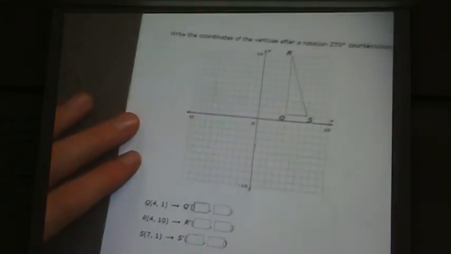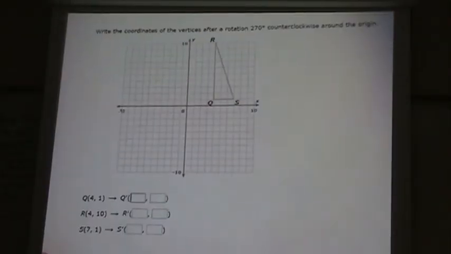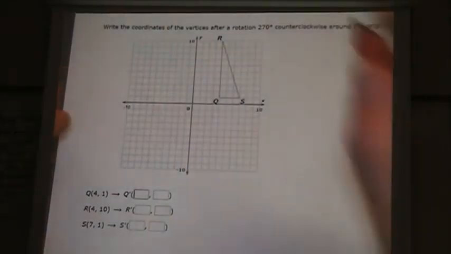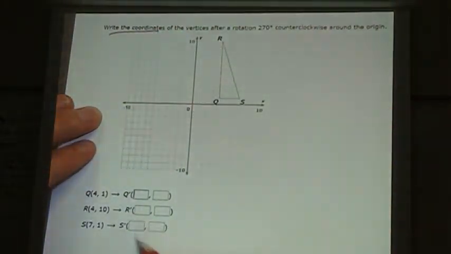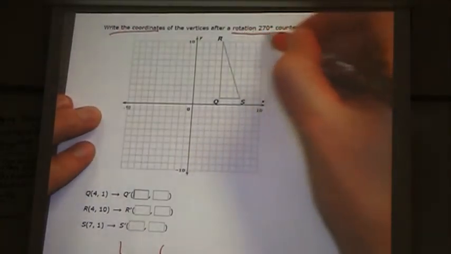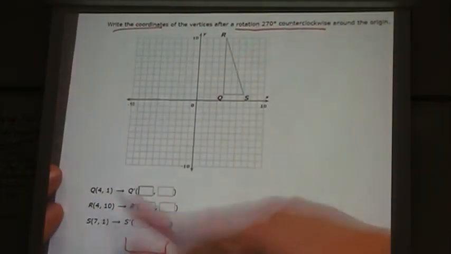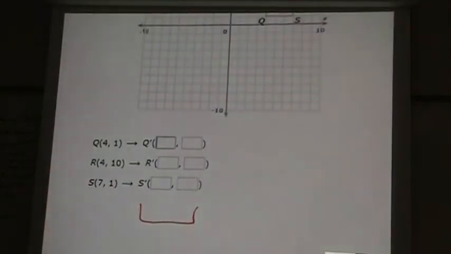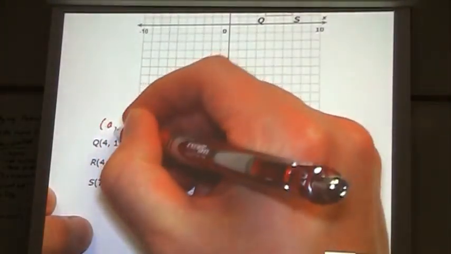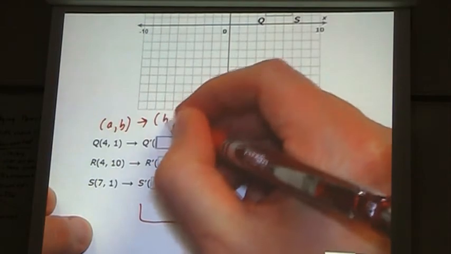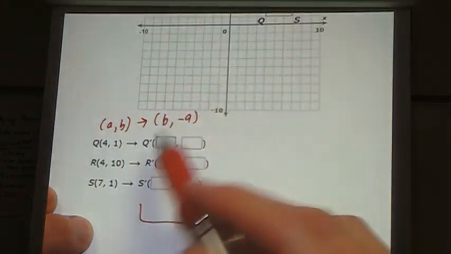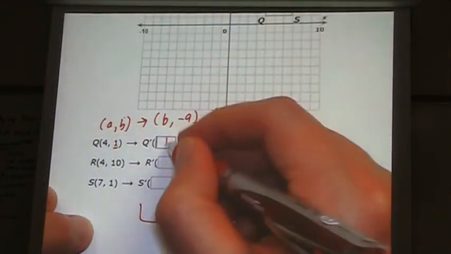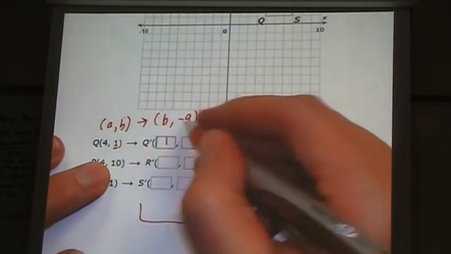The second piece is when you're just playing with the coordinates. Okay, when you're just playing with the coordinates, it's almost like you don't even need the graph. Because you say, okay, well, I'm writing the coordinates, so I'm putting the answers down here, after a rotation of 270. Because it has the coordinates there, we really don't even need the picture. So for a 270 rotation, look in your notes, AB becomes B, negative A. So the Y coordinate's just going to hop to the front, and then the X jumps back and changes signs.